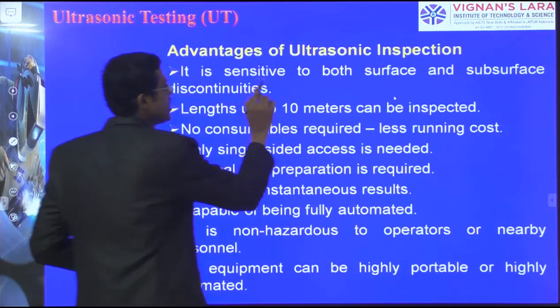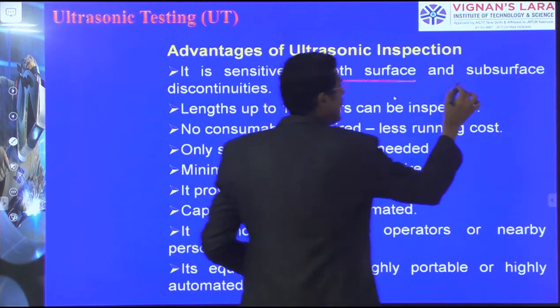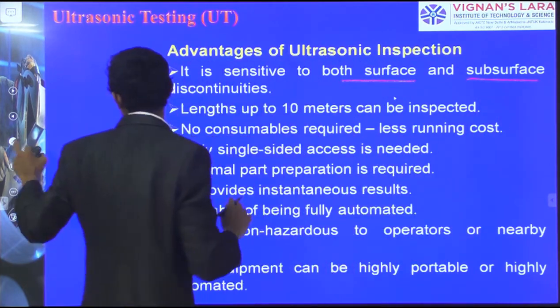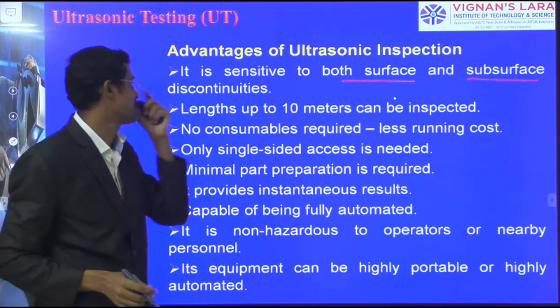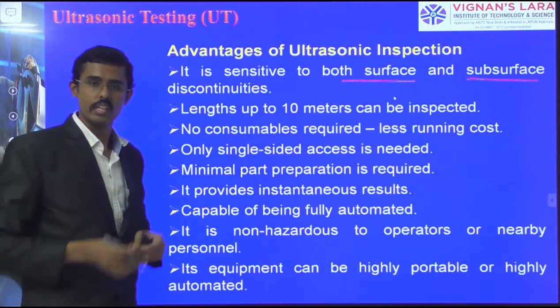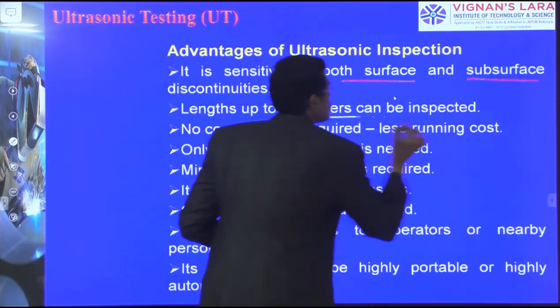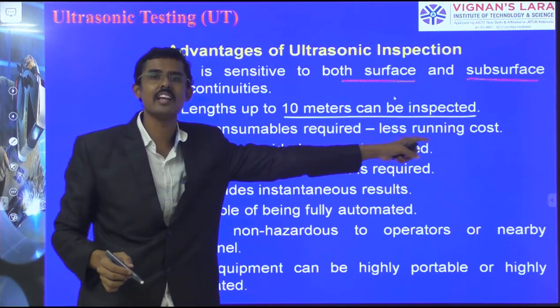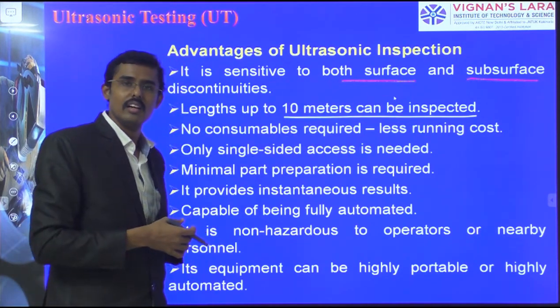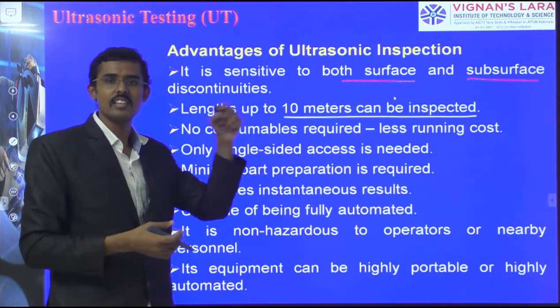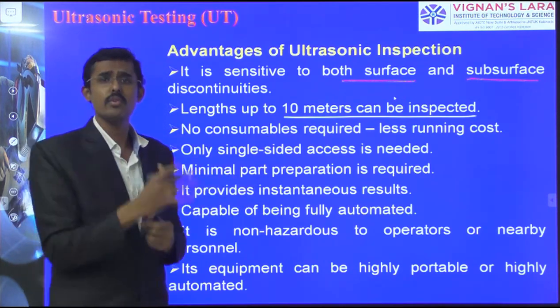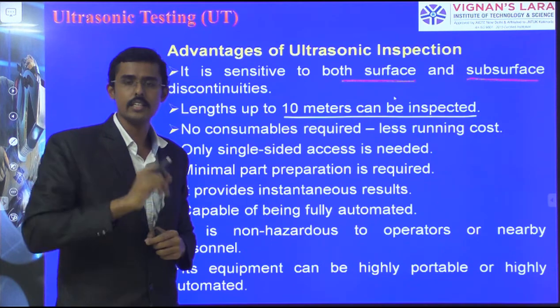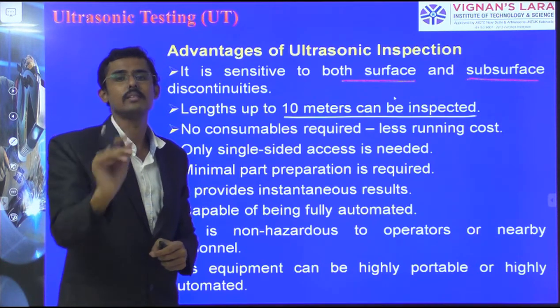Advantages: it is sensitive to both surface and subsurface defects. Lengths up to 10 meters can be inspected, and no consumables are required, so running cost is less. In radiography, we use film for each test to find defects.